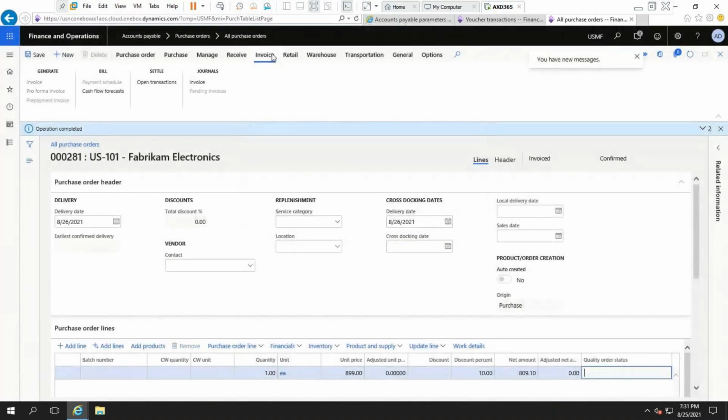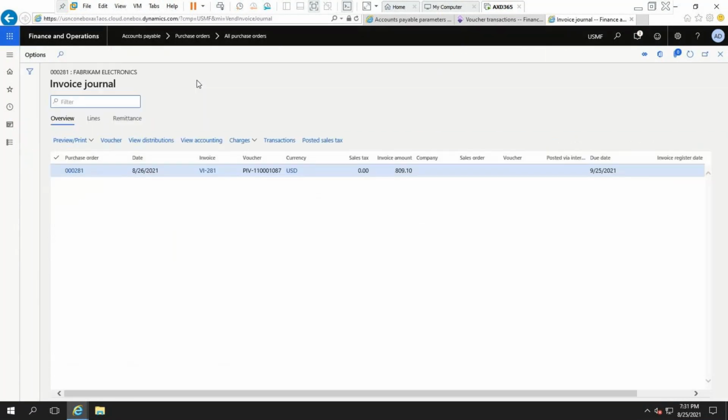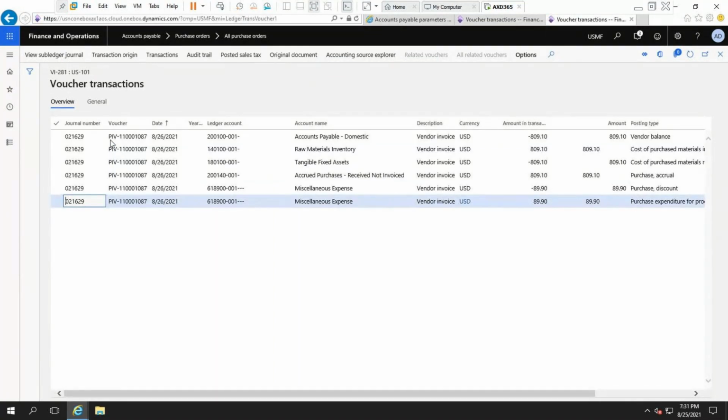Okay, now if you verify the invoice journals, invoice, voucher, look at this one.